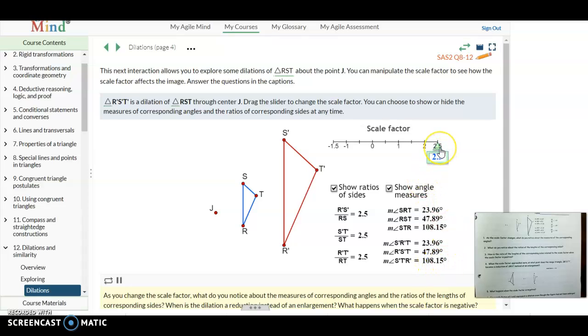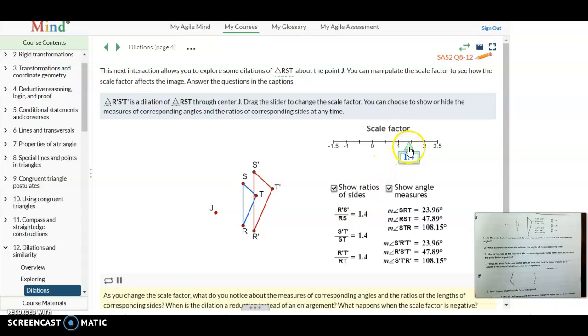What would you expect would happen if I move my scale factor towards 1? As I get closer to 1, notice the triangle's getting closer and closer to the original one, closer and closer to point J. My ratio of the sides is always going to match my scale factor. And again, notice it's the image length on top of the pre-image length when we look at that scale factor.